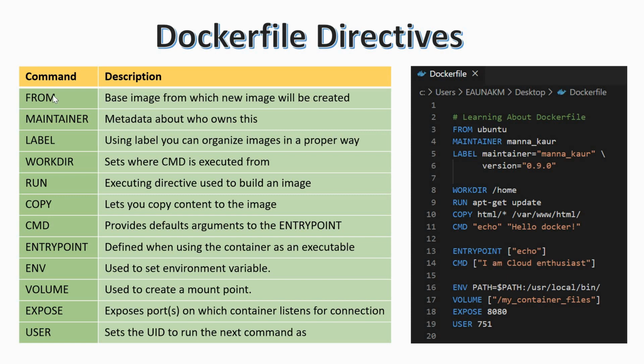So let's see the first Docker directive, which is the FROM command, and it is the base image from which the new image will be created. For example, let's see this Docker file. I have stated all of these commands inside this Docker file to give you an example.